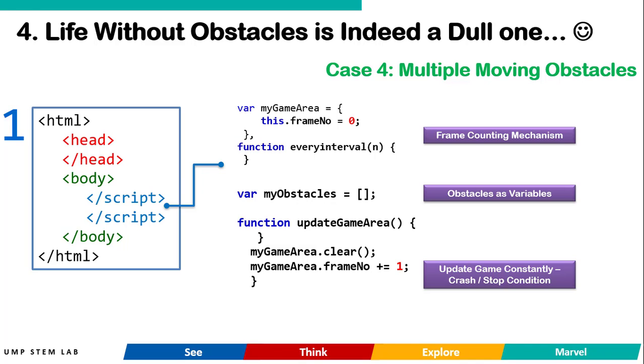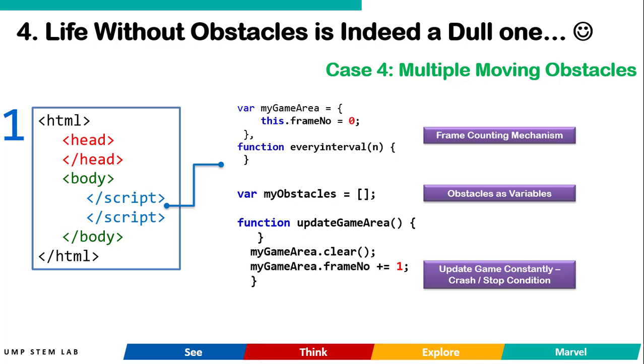To define multiple obstacles, first declare the obstacles variable as an array. Second, we need to make some changes in the updateGameArea function. In the updateGameArea function, we must look through every obstacle to see if there is a crash.